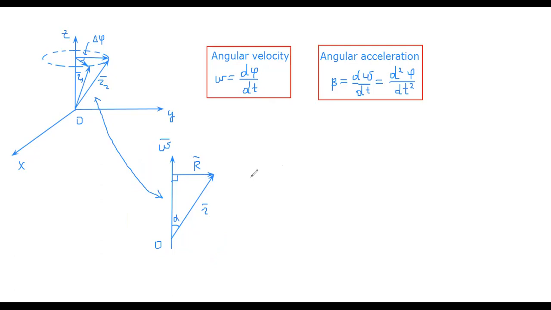So what can we say about simple linear velocity? If we have rotation, the direction of rotation is shown by this arrow, and we can decide that the vector of velocity has the direction shown here.